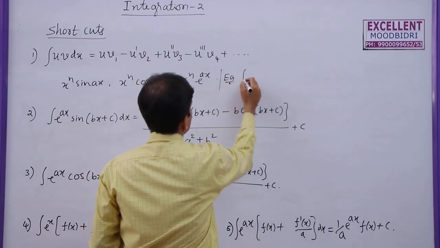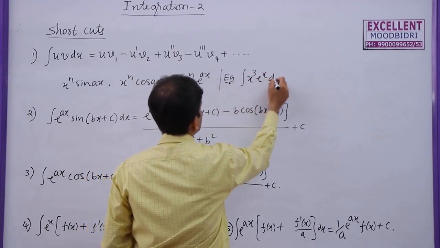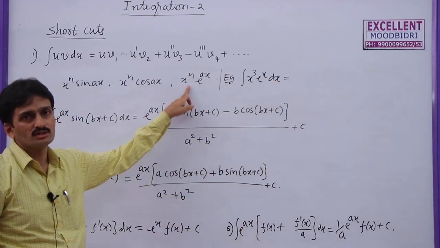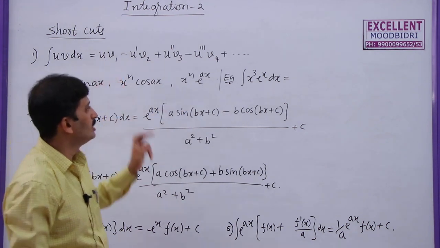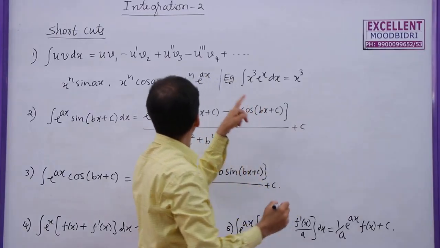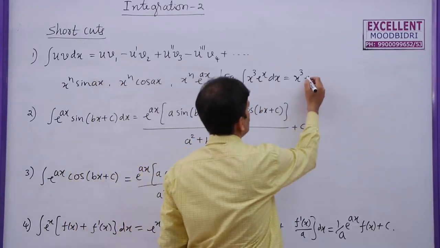Example, integration of x cube e power x dx. For this problem you can apply this shortcut formula. See, u v1, what is u? u is x cube. v1 is the integration of e power x, e power x.